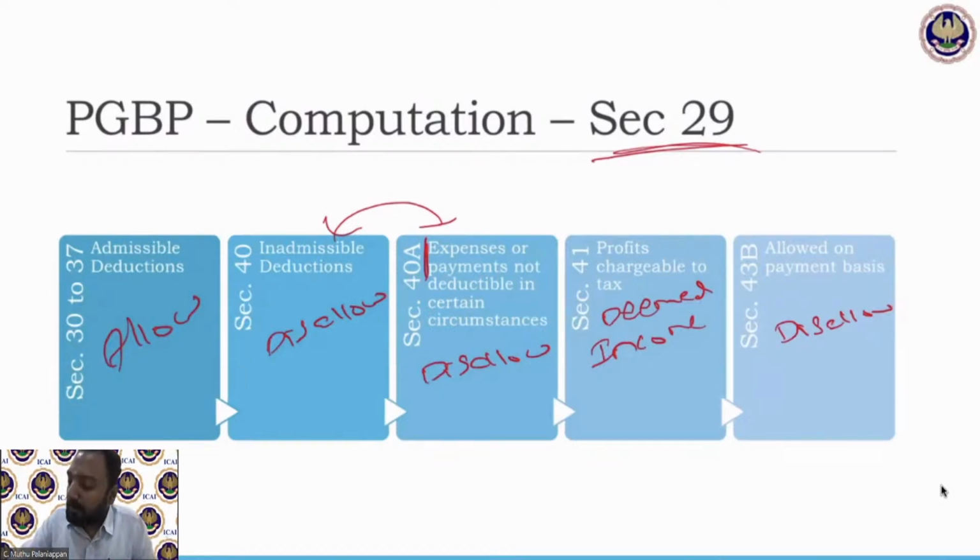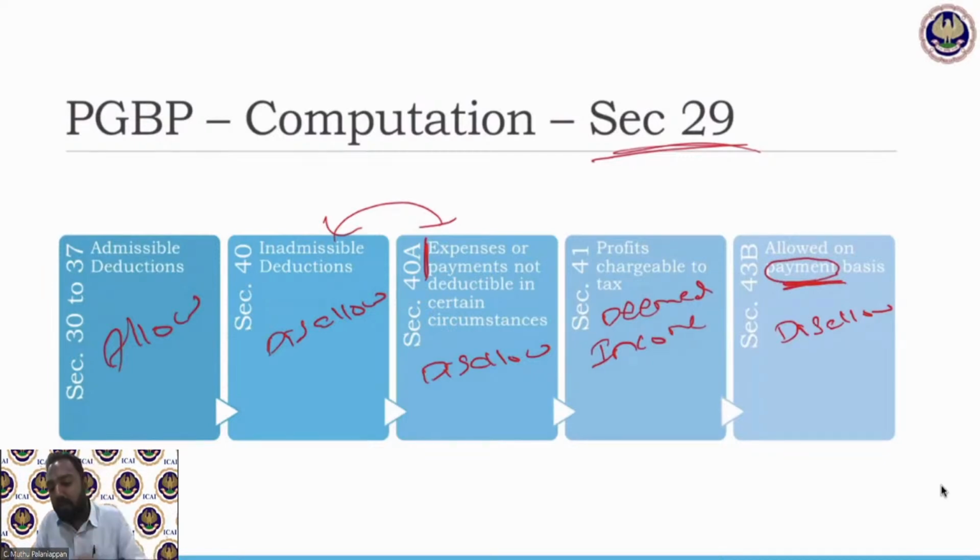When you read the words allowed on payment basis, remember income tax said you can follow both cash or mercantile system of accounting. But section 43B only allows on payment basis, which means only on cash system. So even when you are following mercantile system of accounting, some of the expenditure is allowed only on payment basis.